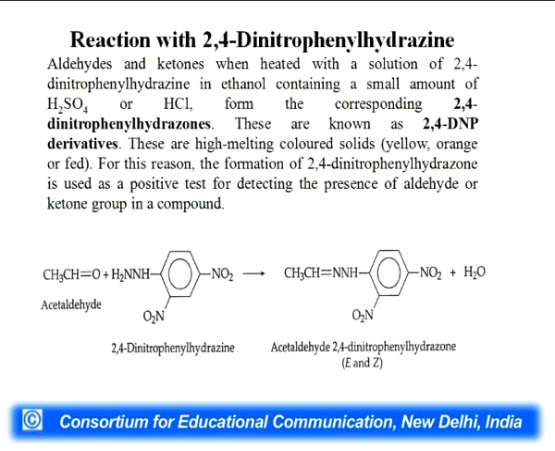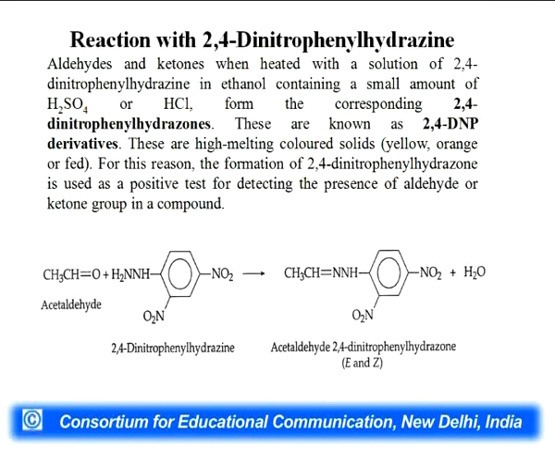Reaction with 2,4-dinitrophenylhydrazine. Aldehydes and ketones when heated with a solution of 2,4-dinitrophenylhydrazine in ethanol containing a small amount of H2SO4 or HCl will form the 2,4-dinitrophenylhydrazones. It is commonly used in the lab and in short form we say 2,4-DNP derivatives.